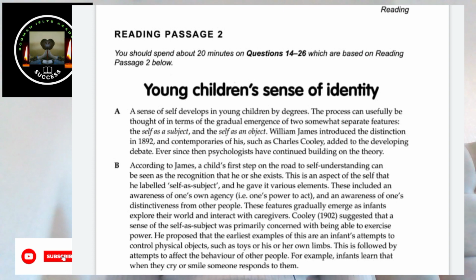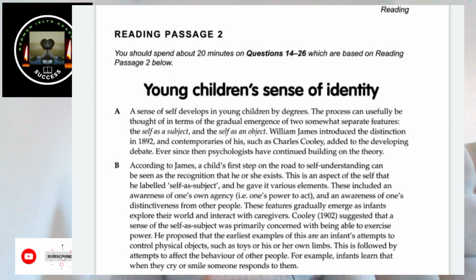Cooley, in paragraph B, Cooley, 1902, suggested that a sense of self as a subject was primarily concerned with being able to exercise power. Cooley is saying that a sense of self as a subject is primarily concerned with being able to exercise power.